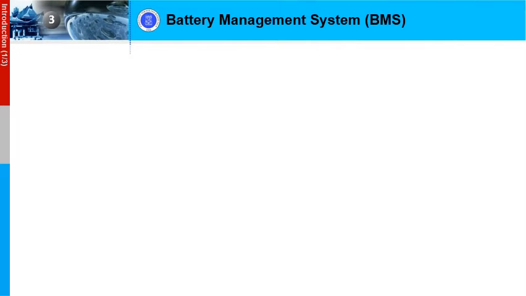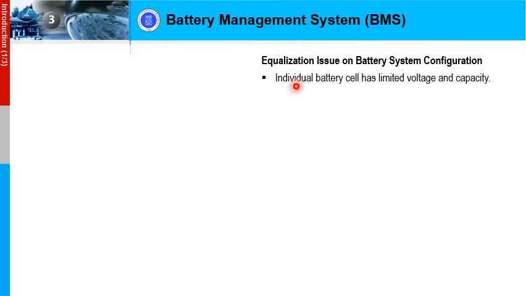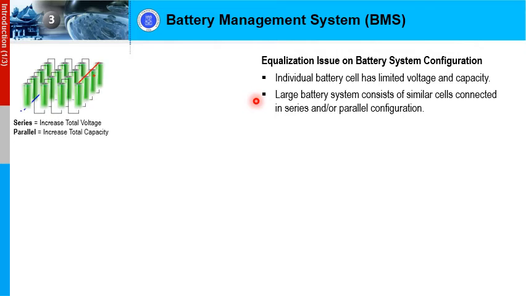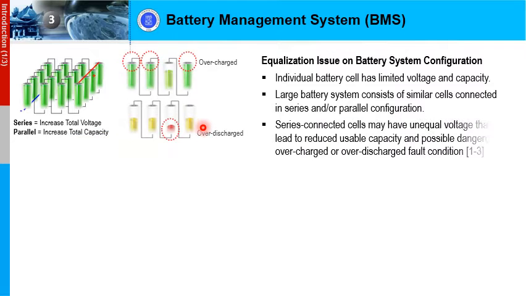So first, we start from some basic facts about batteries. An individual battery cell has limited voltage and capacity. Therefore, a large battery system consists of similar cells connected in series and parallel configuration to increase total voltage or total capacity respectively.